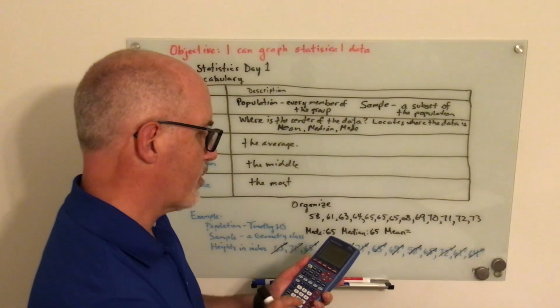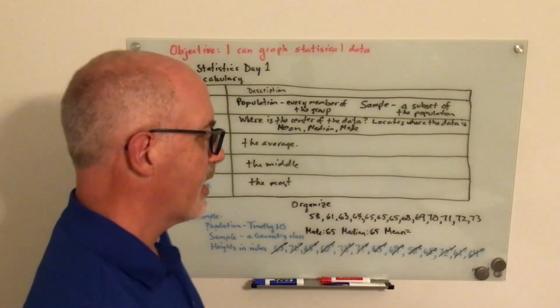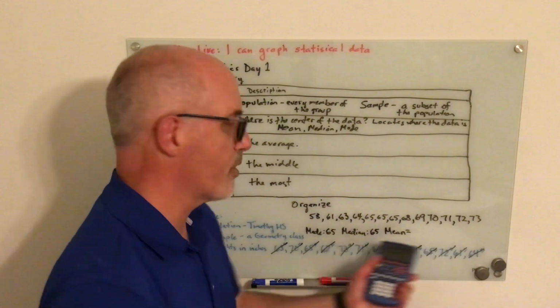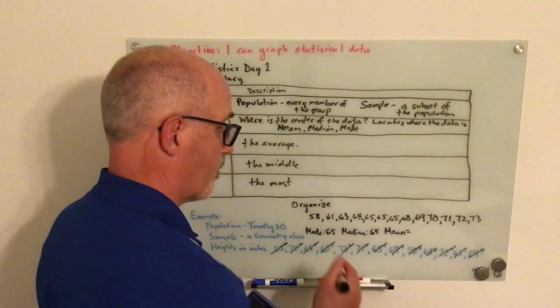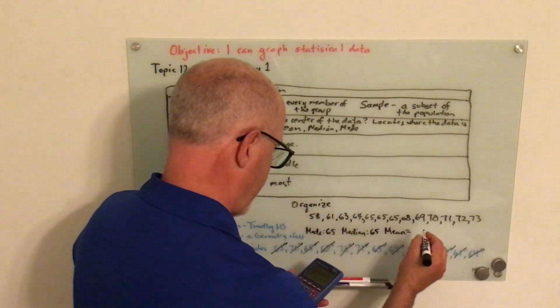Now, if you wanted to on this, you wouldn't have to put it in order. You could use the original to do the mean if that's all you're doing. The mode and the median, it's better to organize them.